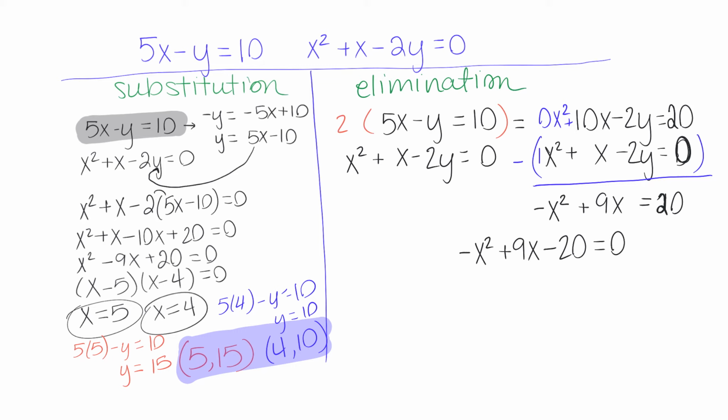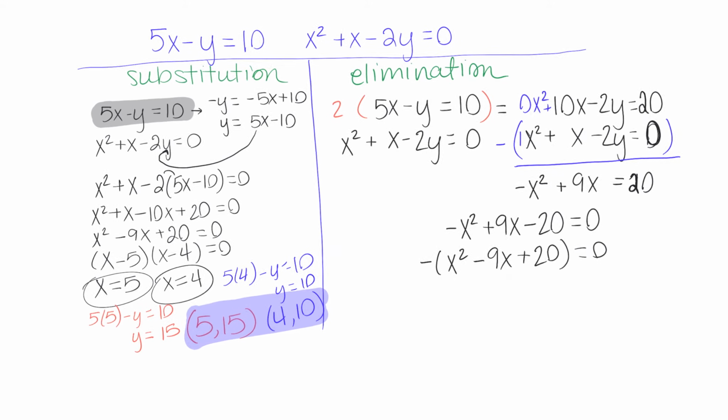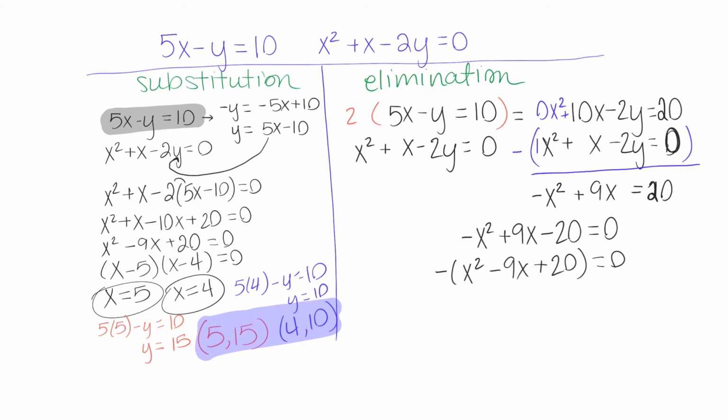And then I'd like to factor this thing, but I can't factor with that negative in there, so I'm going to factor it out, and then I'm going to get x squared minus 9x plus 20 equals 0. Okay, so now can I factor? Yes. And I'm going to get x minus 5 times x minus 4. And I've got this negative out front because I know this whole thing's going to face upside down, and that's fine.